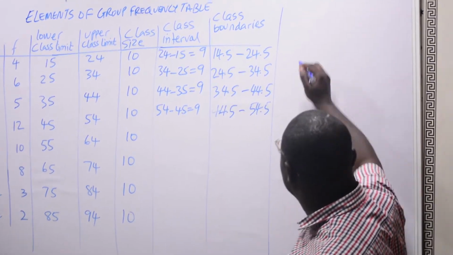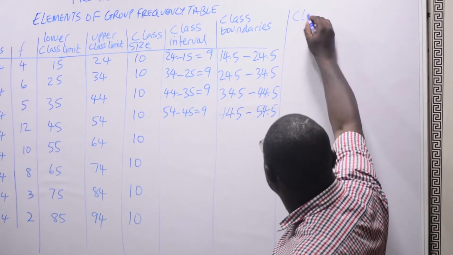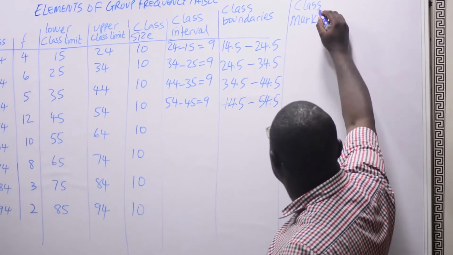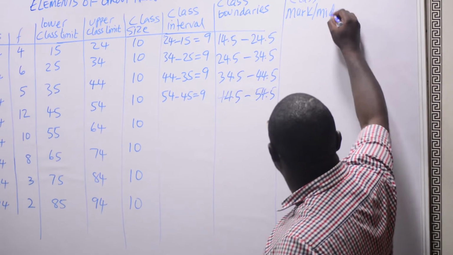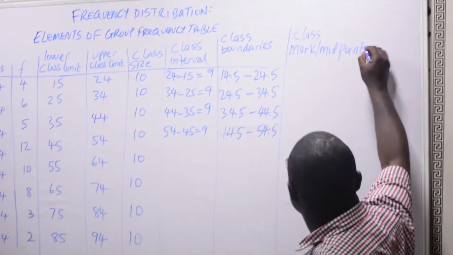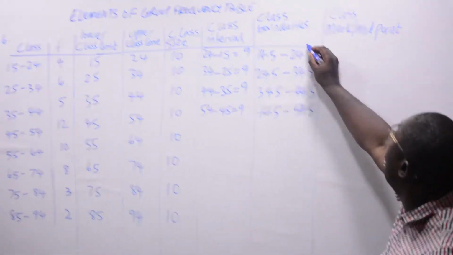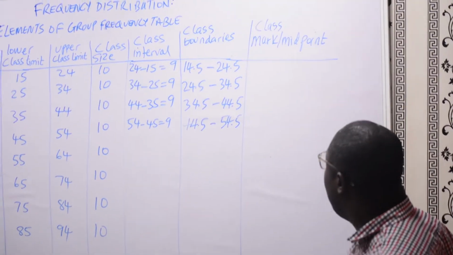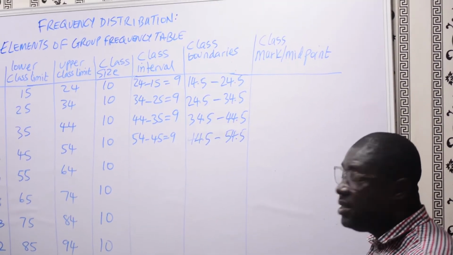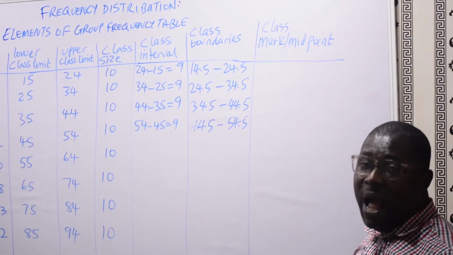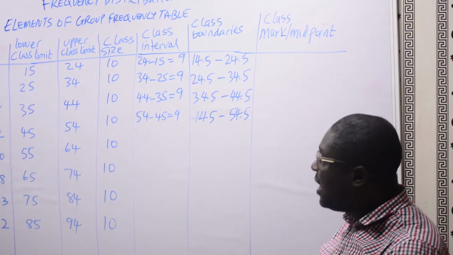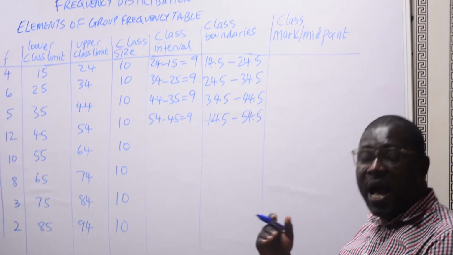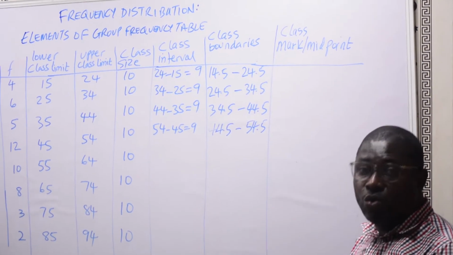Last but not the least, we're going to look at class mark. The class mark or the midpoint is derived by adding the upper class limit plus the lower class limit of each class and dividing it by 2.